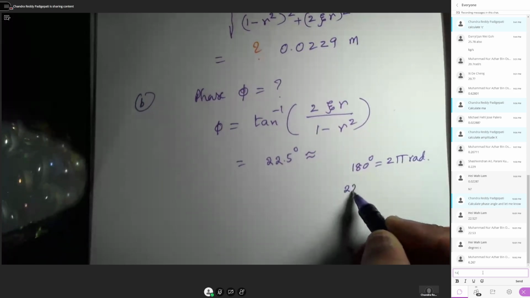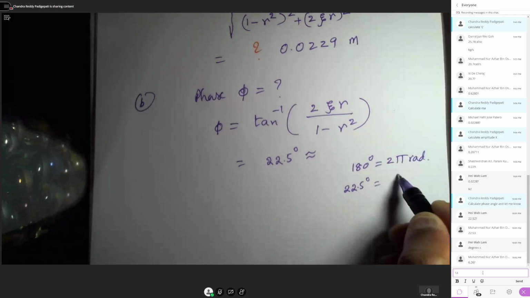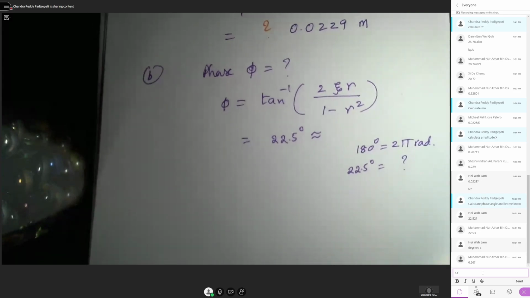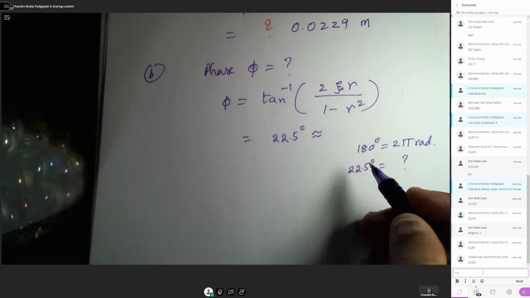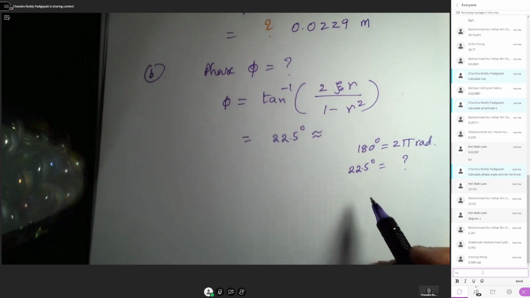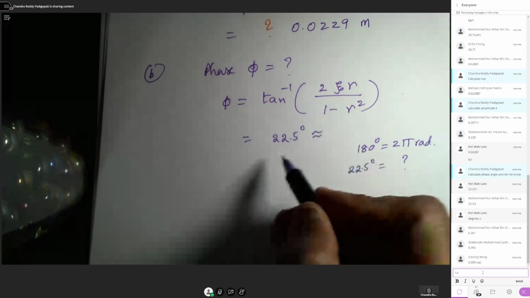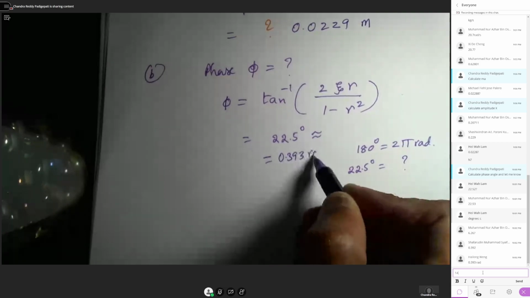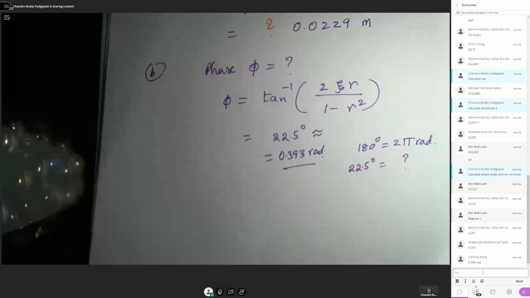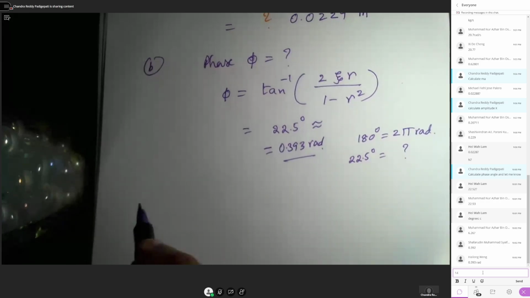Okay. So 22.5 degrees is equal to how many radians? Yeah, 0.393. All right. Okay, so the part B is settled.